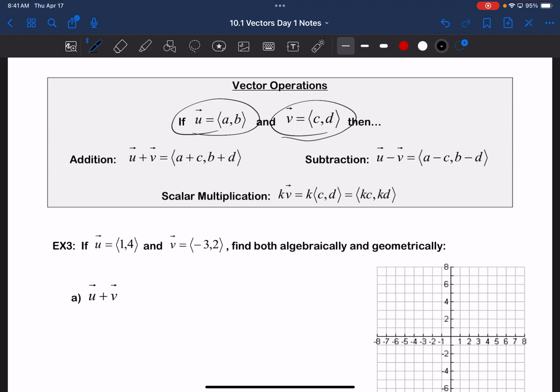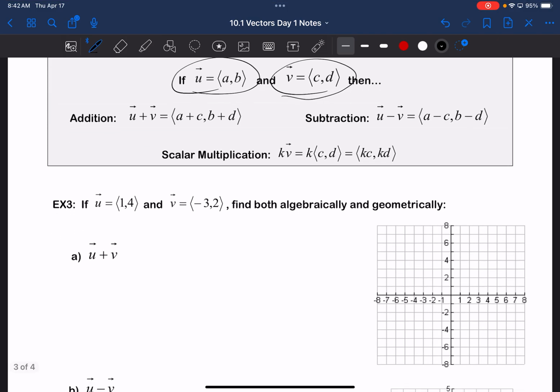So I would add those two things together. Then I add the y-like values, which in this case are b and d. Same thing for subtraction. You subtract the x's and you subtract the y's. For scalar multiplication, it's kind of just like distributing, right? If I multiply something by k, I'm just multiplying both the x and the y component by k.